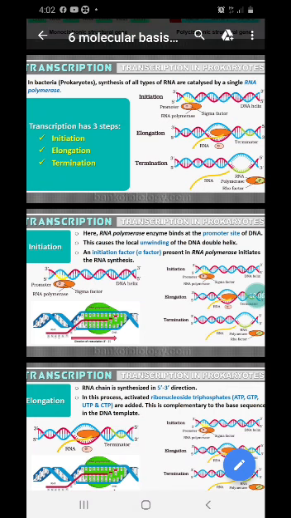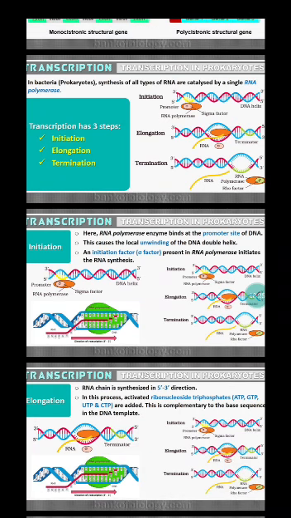Which are the 3 RNAs? mRNA, tRNA and rRNA. Clear? mRNA is formed by transcription, and then there is transfer RNA, tRNA, and rRNA, which is ribosomal RNA. Right, children?